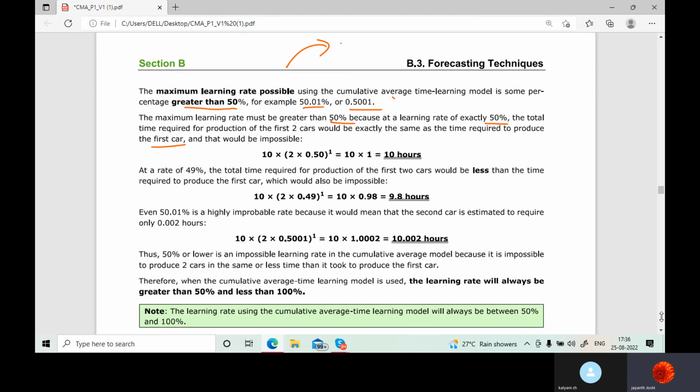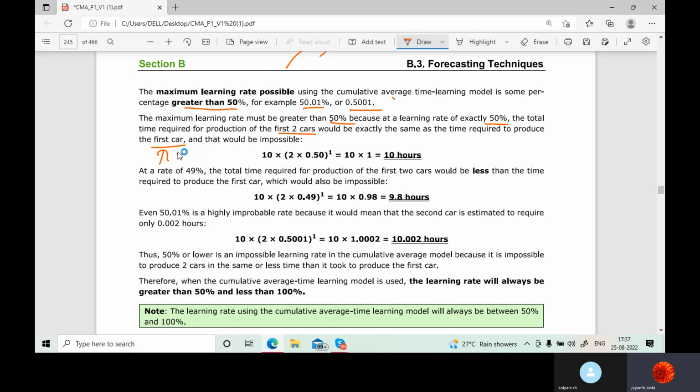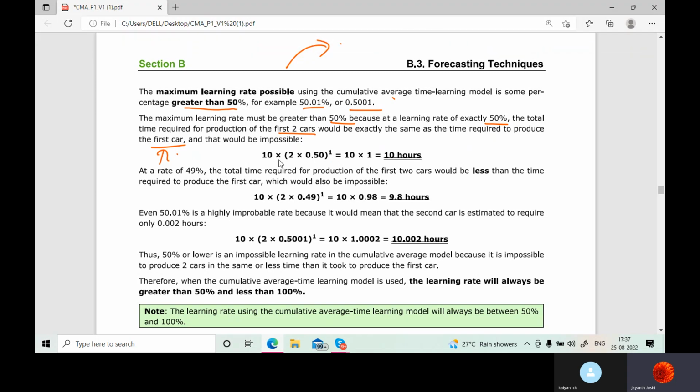Suppose I say 10 into 2, with the learning curve percentage at 50, I take 10 hours. At a rate of 49%, 9.8 hours. But that is not possible, correct? Less than 50% is impossible. When your learning curve is less, how will you take less time? You will be taking more time. Am I right?